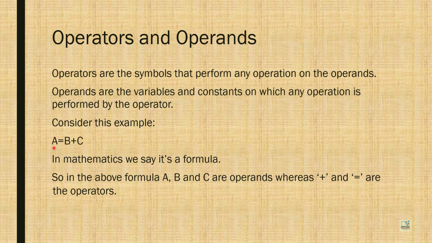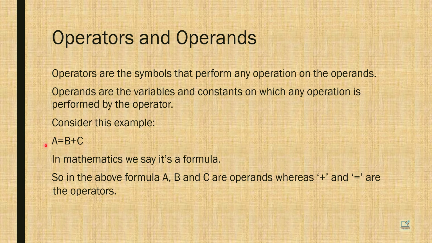So in mathematics we say it is a formula, right? So in this formula, the variables A, B and C, they are also known as operands. So in this example, the operators are plus and equal to. So this operator plus is adding B and C. So B and C are the variables, are the operands, and on B and C, the plus is operating and it is performing a kind of operation.